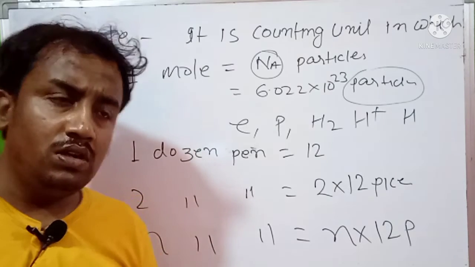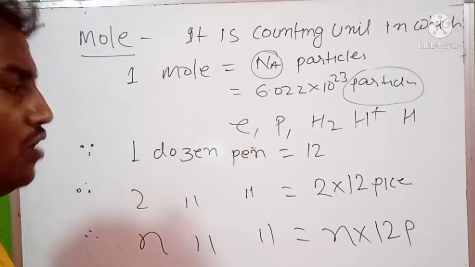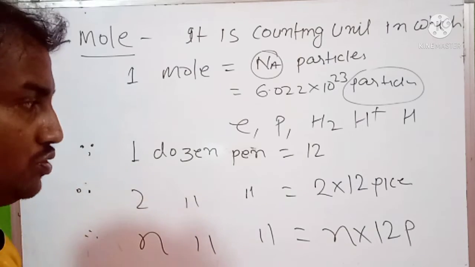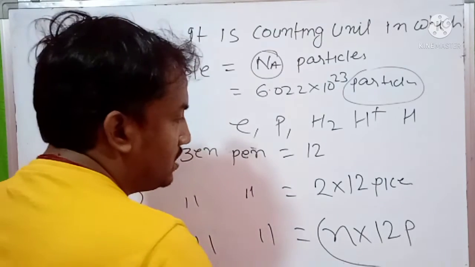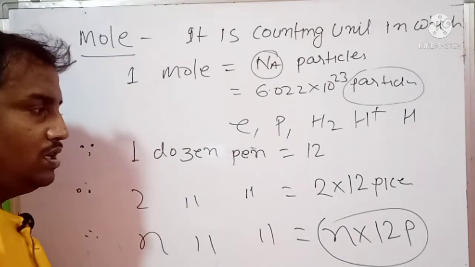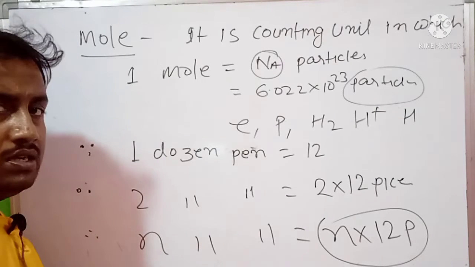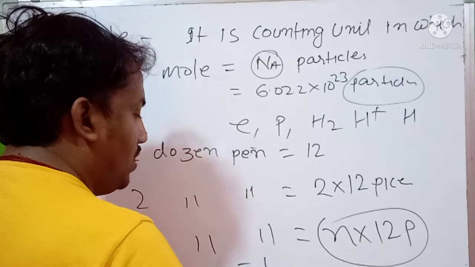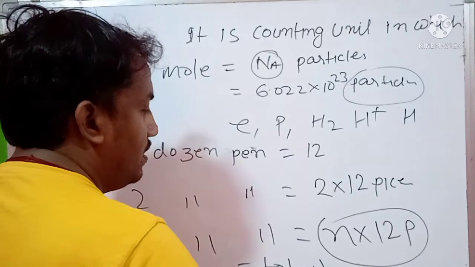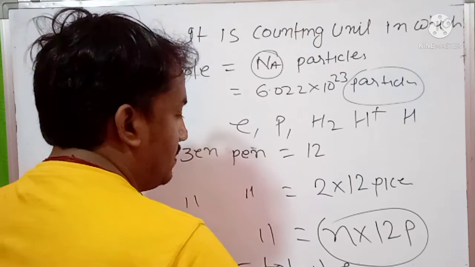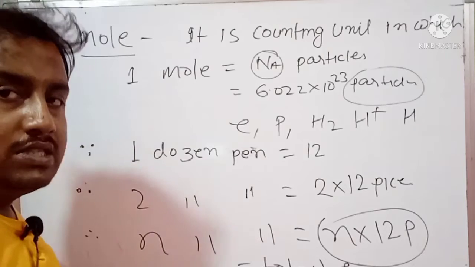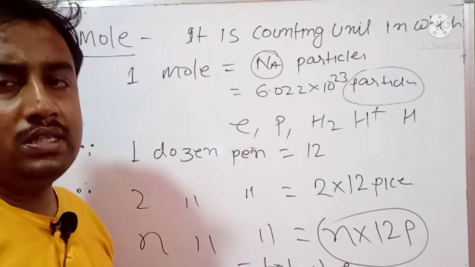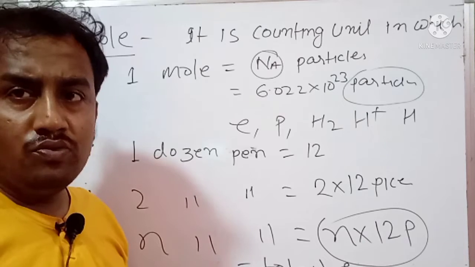If I ask you how many pens are in n dozen, you will tell me, sir, it is n into 12. So n dozen gives a total number of pens equal to n into 12.